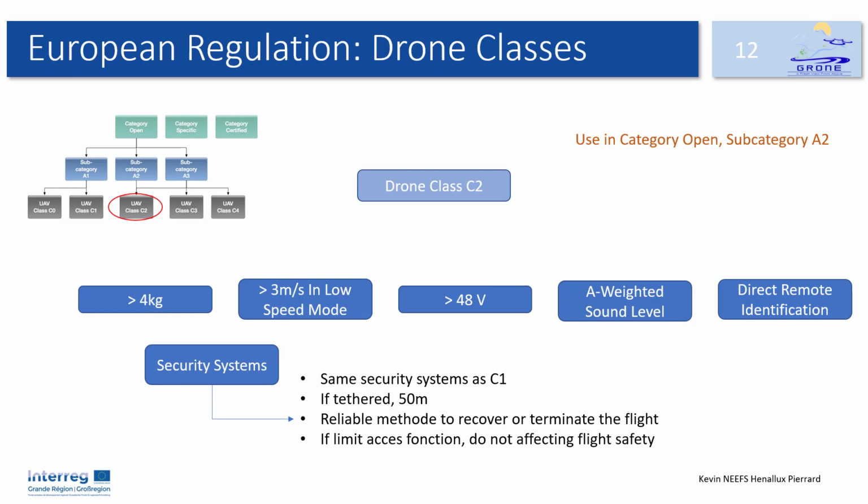In case of loss of data link, have a reliable method to recover the data link or terminate the flight. If the drone has a function that limits its access to certain airspace areas, this function shall operate in a way to keep the flight safe. And finally, the drone must be marked as C2.